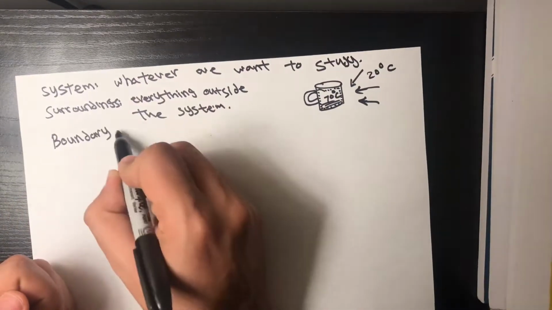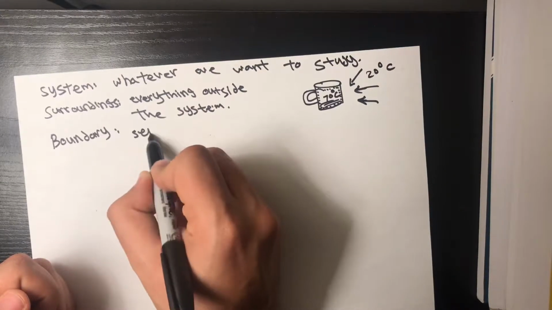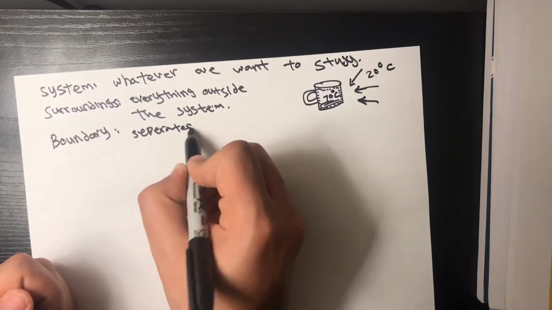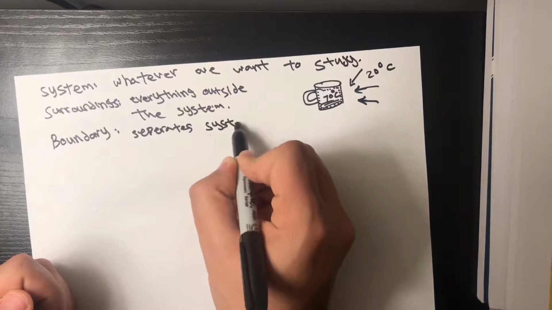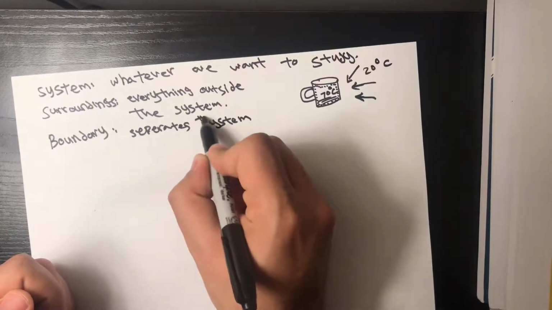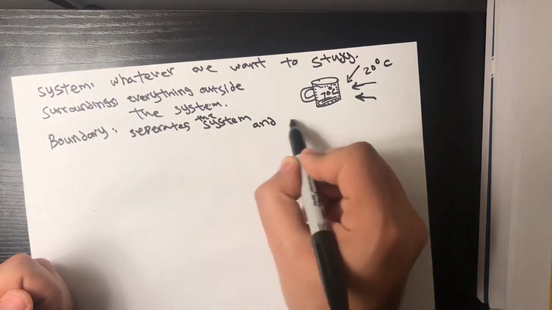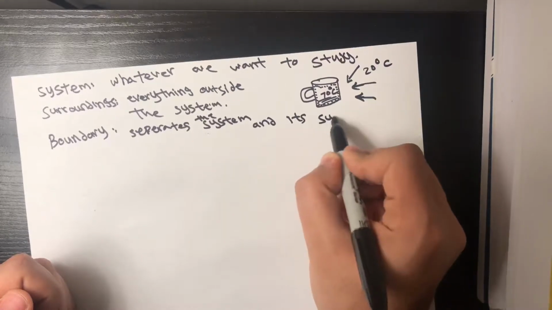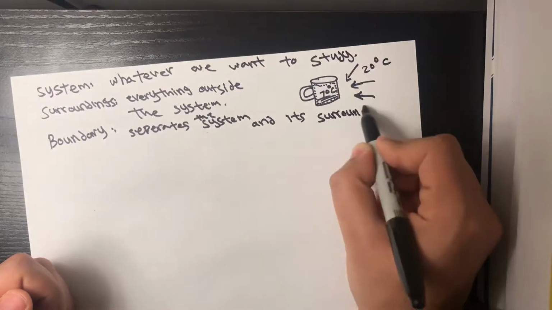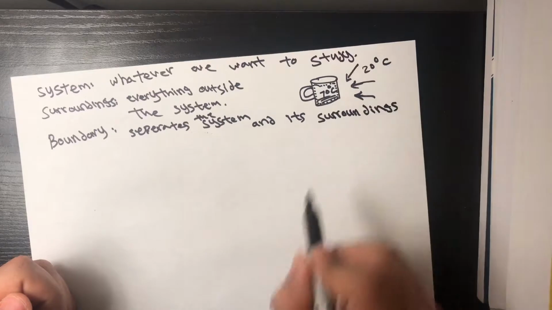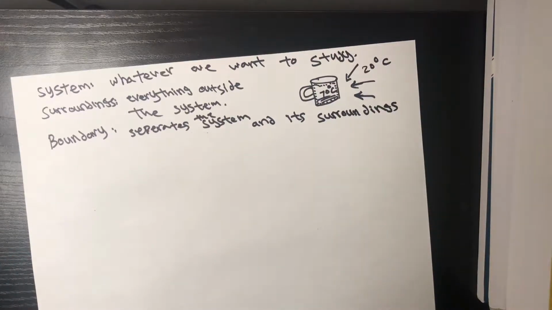And it's what separates the system and its surroundings. And that's usually an area of interest. The boundary. It's where energy flows.